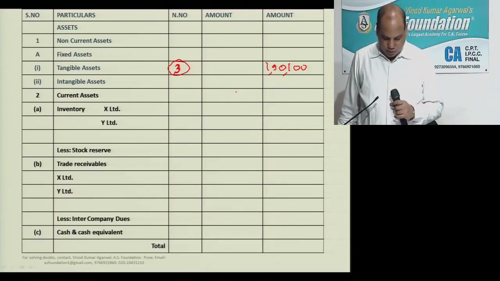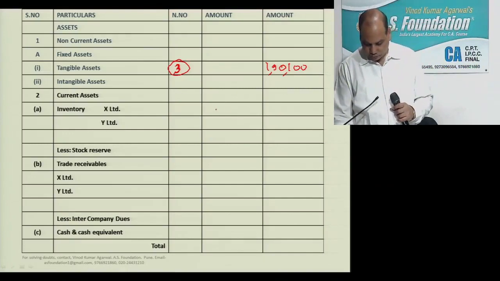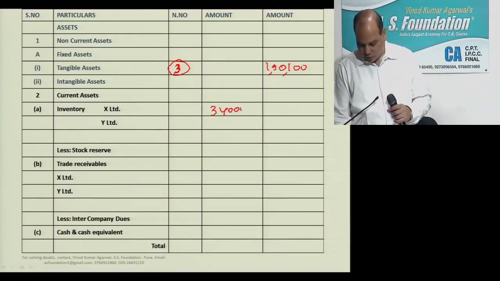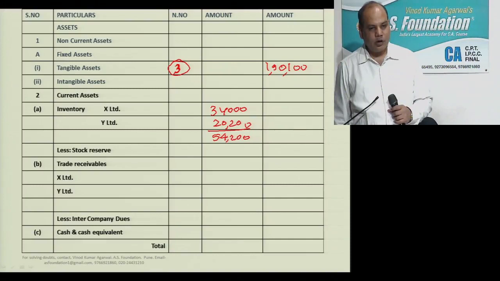Then come back to your question book. Stock in balance sheet, current asset, inventory. X Limited is how much? 34,000. Y, total in the same column. Keep it here. We'll come back to this. Then trade receivable.